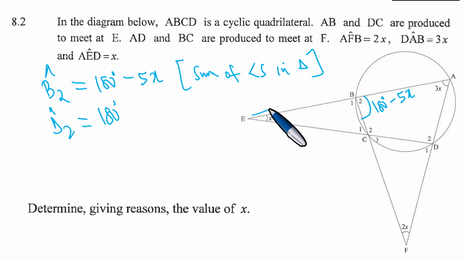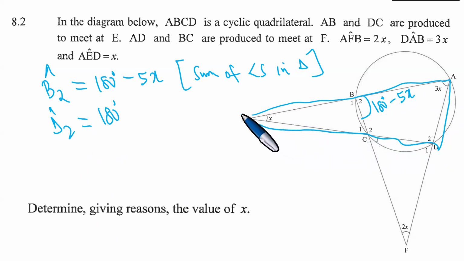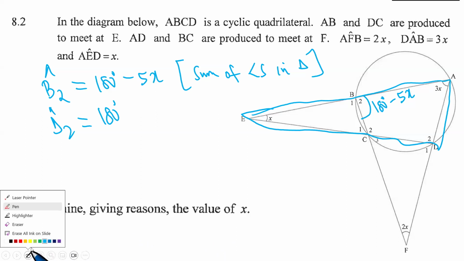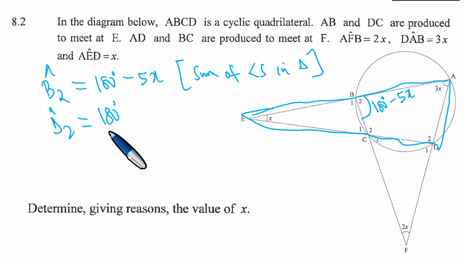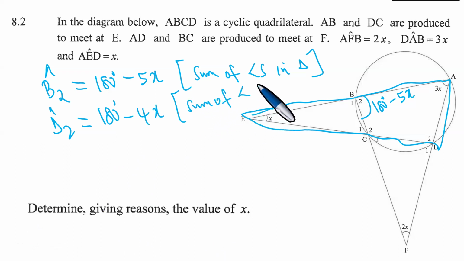If you look at this triangle, what is the angle D2? It is 180 degrees minus 4x. Well done. Why, Tando? The sum of angles in a triangle. Yeah. Next.